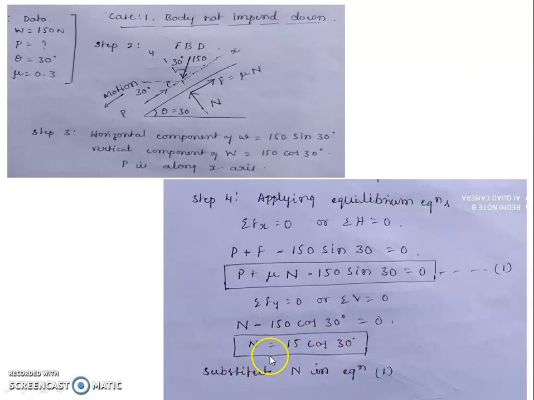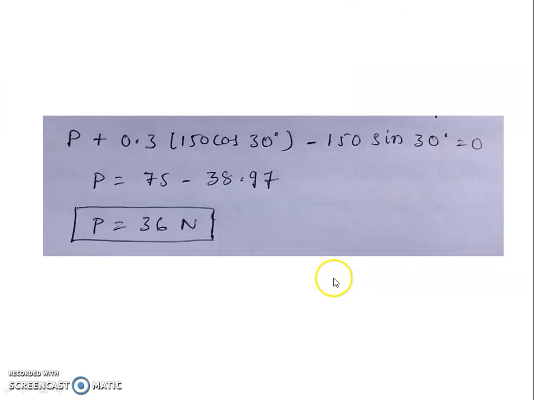Then substitute N equal to 150 cos 30 in equation 1. Then equation 1 becomes P plus 0.3, that is mu, the coefficient of friction, times N, that is 150 cos 30, minus 150 sin 30, the weight component, is equal to 0.